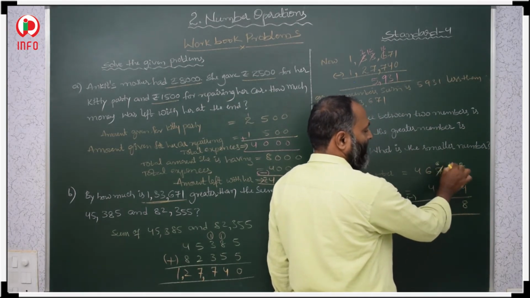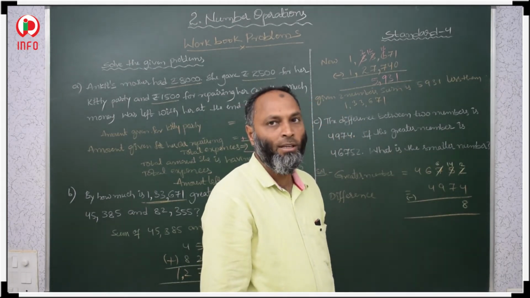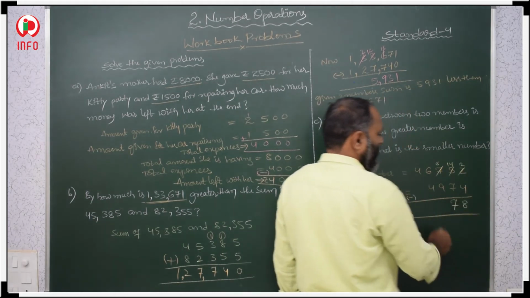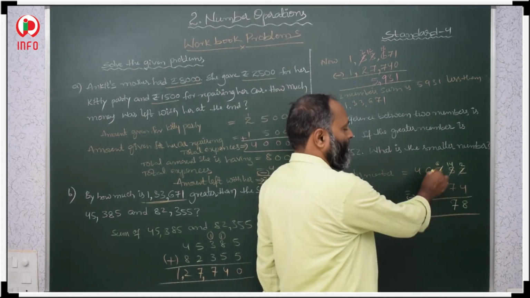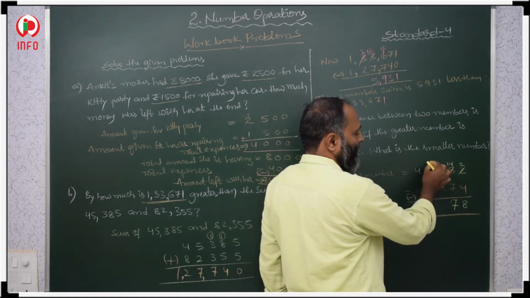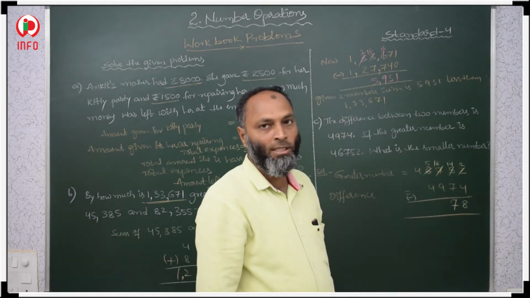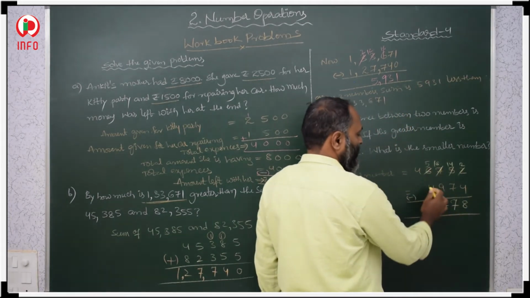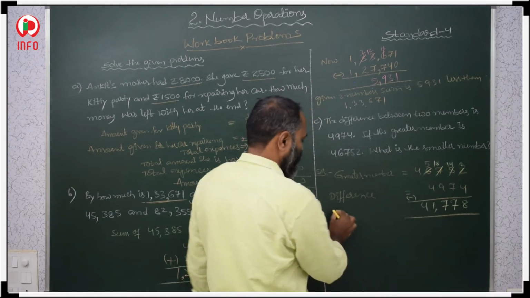It will decrease by 1 and become 14. 14 minus 7 is 7. Then 6 is lesser than 9, again take borrow from here. It decreases by 1 and becomes 16. 16 minus 9 is 7. 5 minus 4 is 1 and this 4 as it is. Then the smaller number.